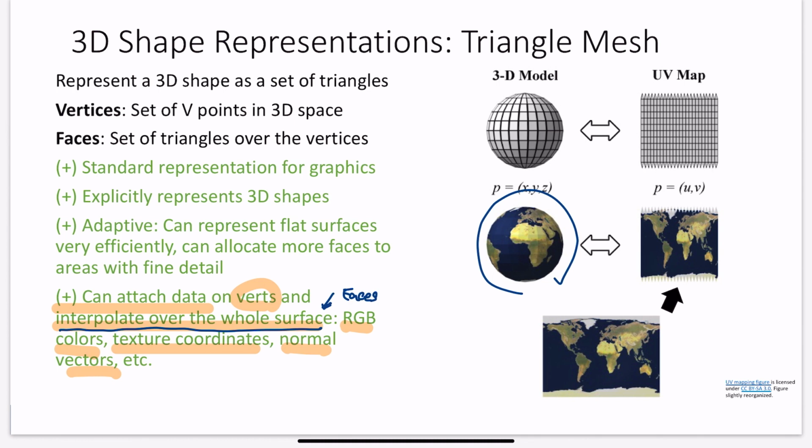So here's an example. By using the color value on vertices and interpolating, you can represent colored meshes. So even though this is a 3D representation, we can represent not only the geometric information but also the appearance.